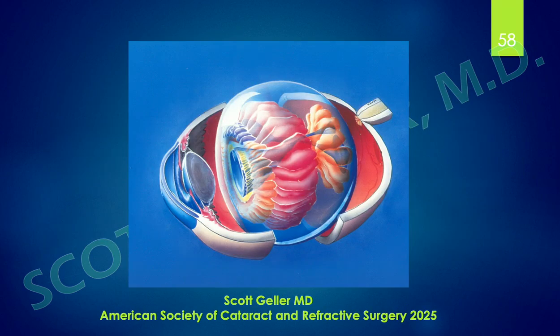This is interesting. This is from a fabulous book by the late Jan Worst. Dr. Worst did dissections of the vitreous. Well, how do you dissect the vitreous? It's a bunch of goo.